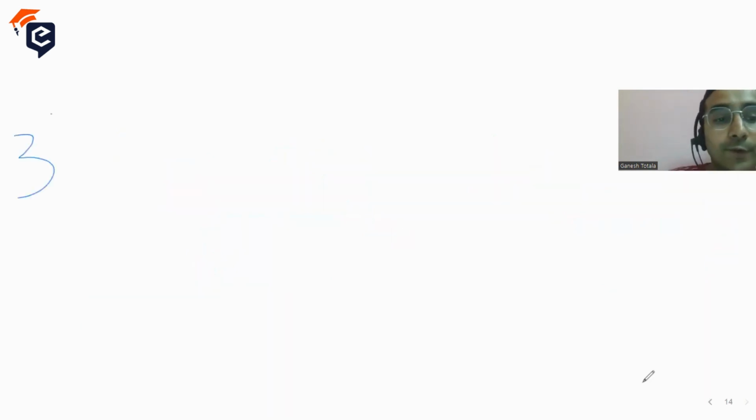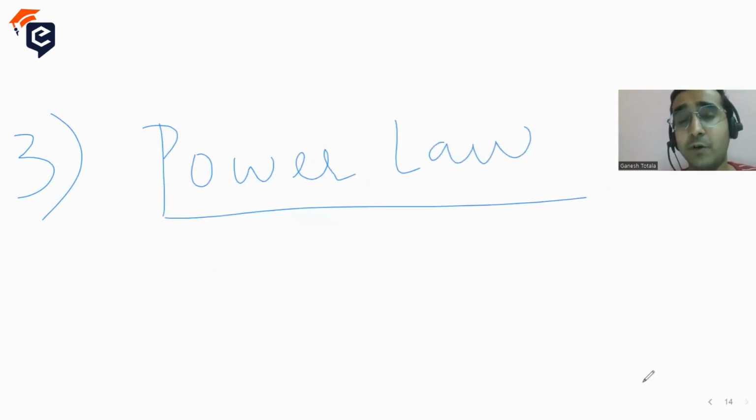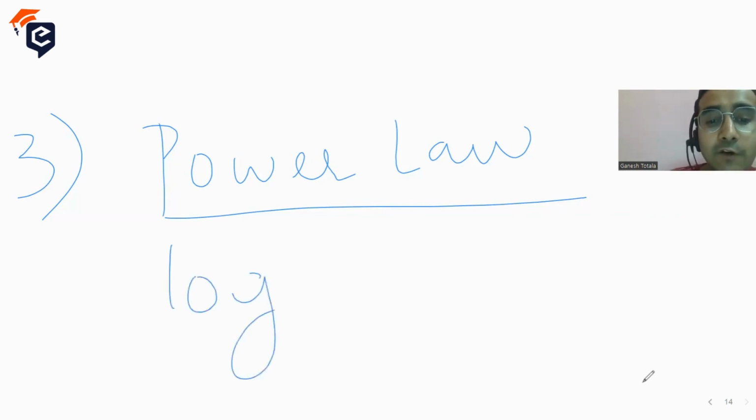The third law of logarithm is called the power law. And the power law, trust me, is a very important law in mathematics, in calculus as well. Now, what is this power law? Suppose I have log of x to the power of m.